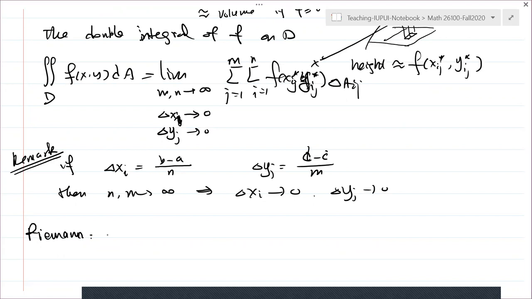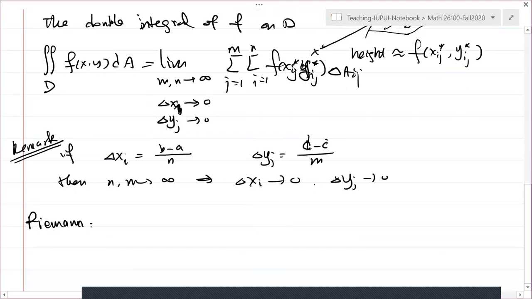But Riemann passed away at the age of 39, and he already made a great contribution to mathematics, not only in calculus. He set up the foundation of geometry called Riemann geometry, which was used by Albert Einstein to express his general relativity theory.